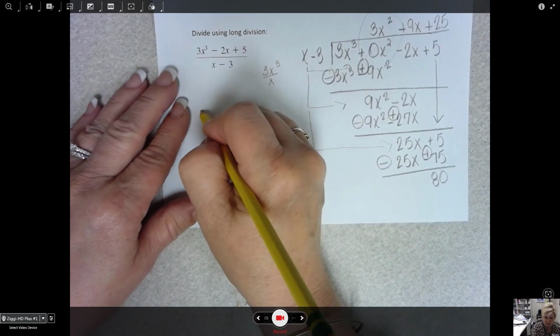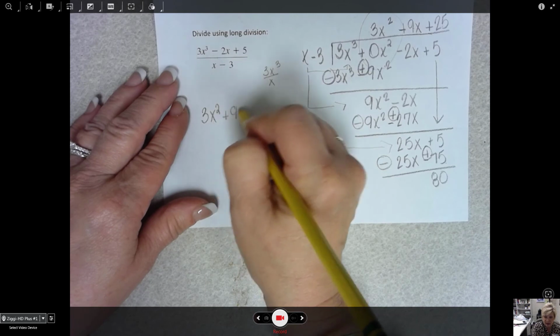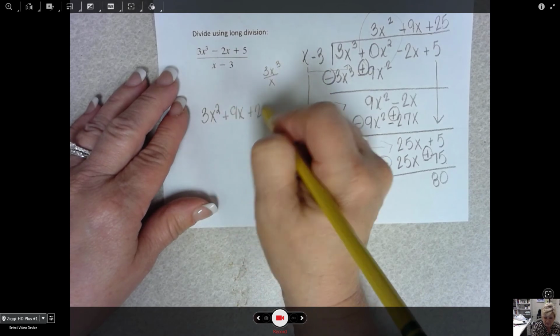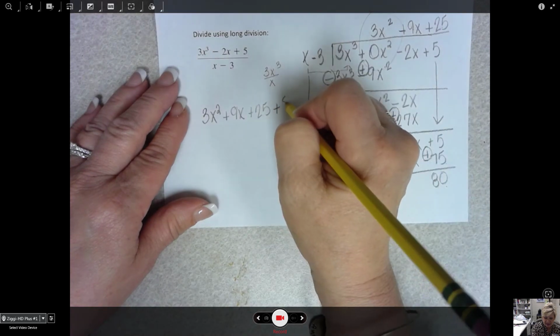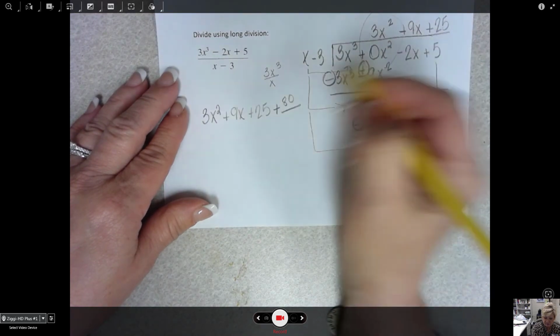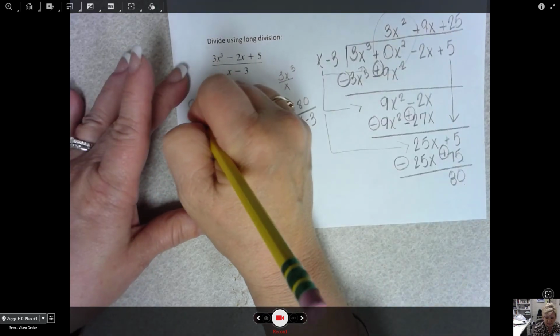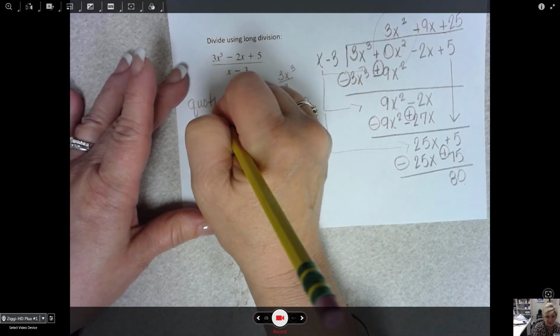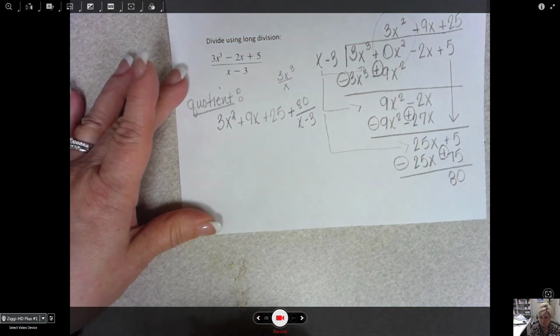Our solution, or quotient, 3x squared plus 9x plus 25. And then we have a positive 80 over x minus 3. So the answer we get when we divide is our quotient.